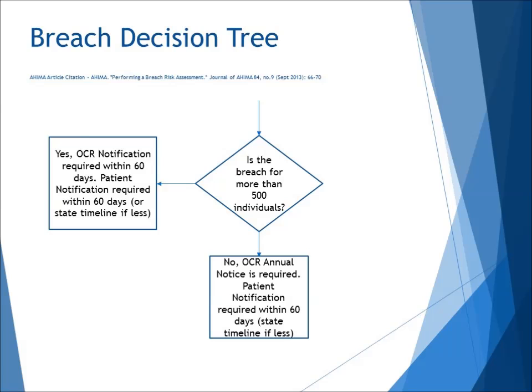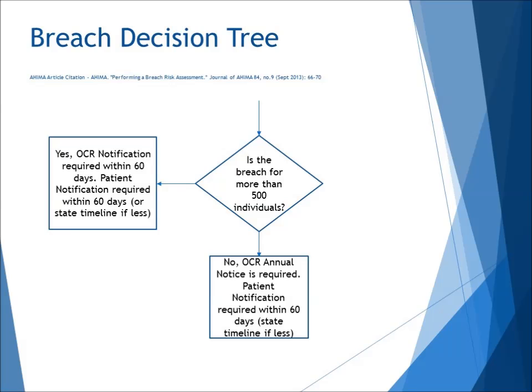So the next question we ask is, does the breach affect more than 500 individuals? If no, then you only need to report this on an annual basis, and you do need to notify the patients within 60 days. If there's a timeline in your state that's less, then obviously you have to follow that, whichever is more restrictive, but within 60 days, a notification to the patient.